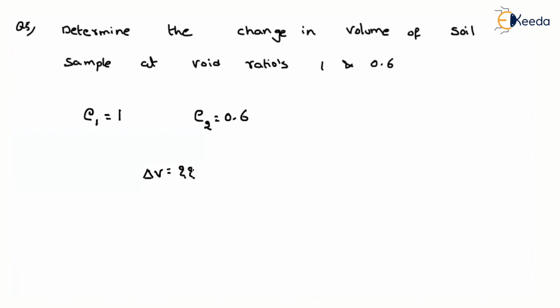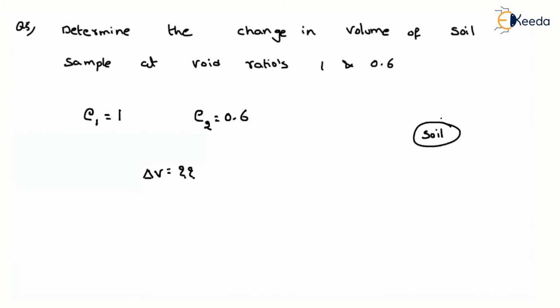Now, if you observe here, void ratio is nothing but the volume of voids to the volume of solids. Suppose I am talking about a particular soil, I cannot change the volume of solids unless you are removing it. So how is the void ratio decreasing?